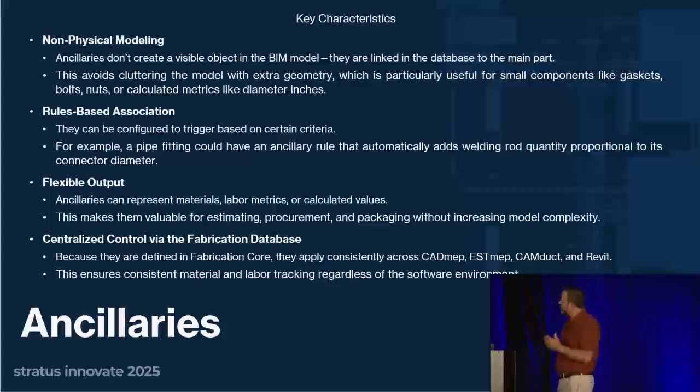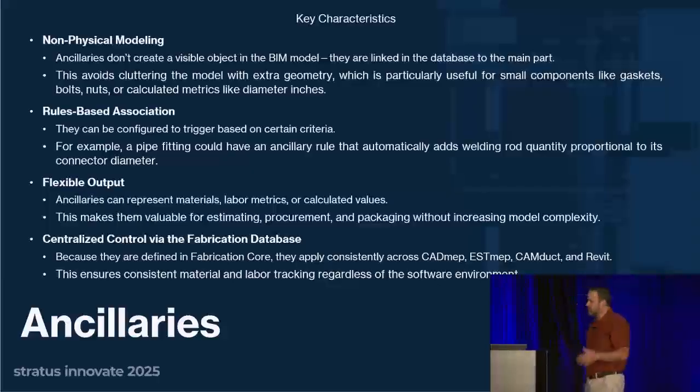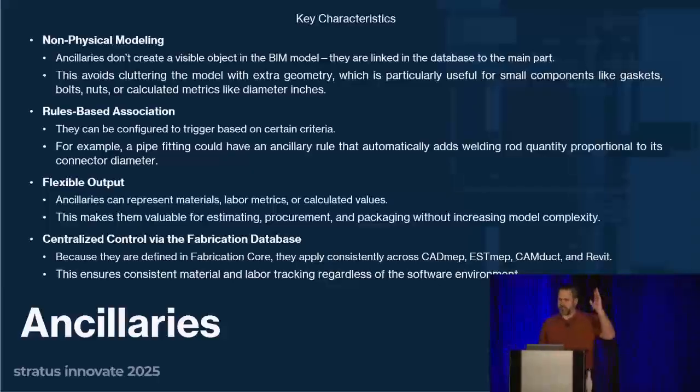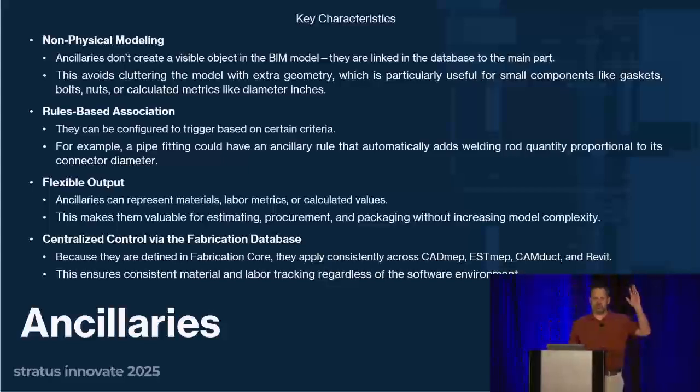It avoids clutter in the model, but you can still get the information in there. It's rule-based, so you can set up rules for when you want some ancillaries to show up, depending on the connector size or the size of the duct. It has flexible output, and it's centralized, controlled in our centralized database. Everybody's generally familiar with them.